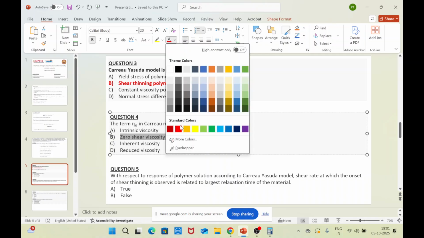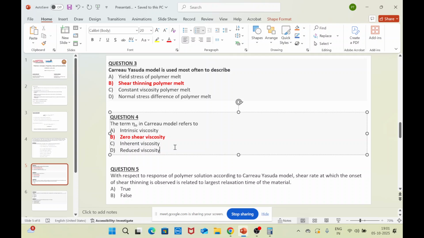And I hope everyone is able to remember the intrinsic viscosity, inherent viscosity, and reduced viscosity that we discussed when discussing the concept of the Mark-Houwink equation.